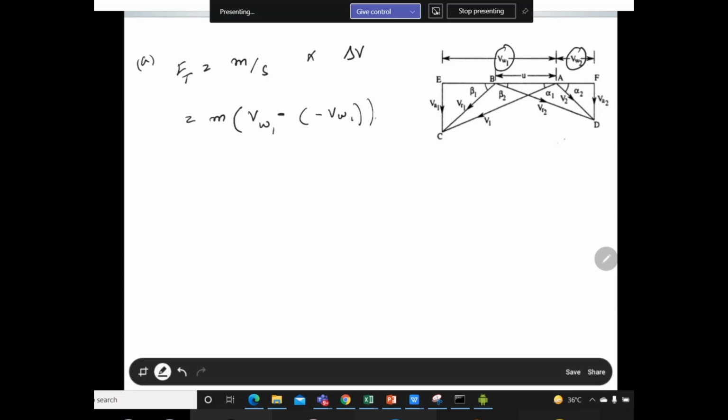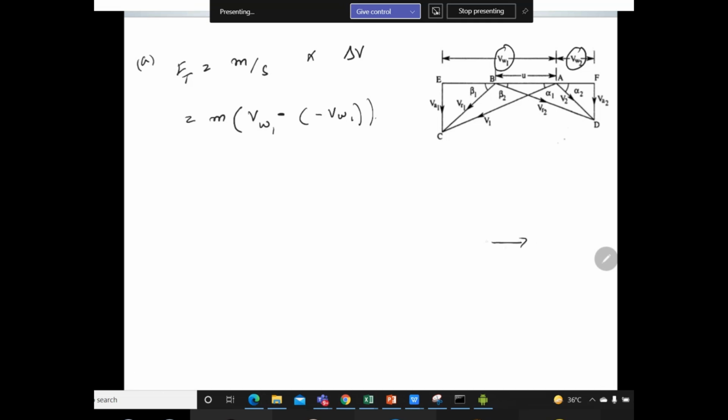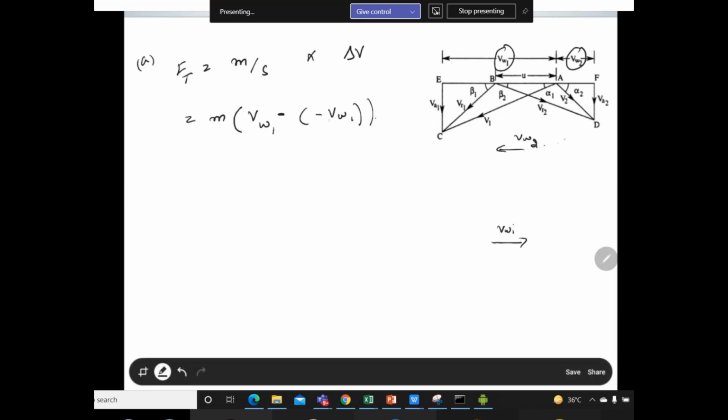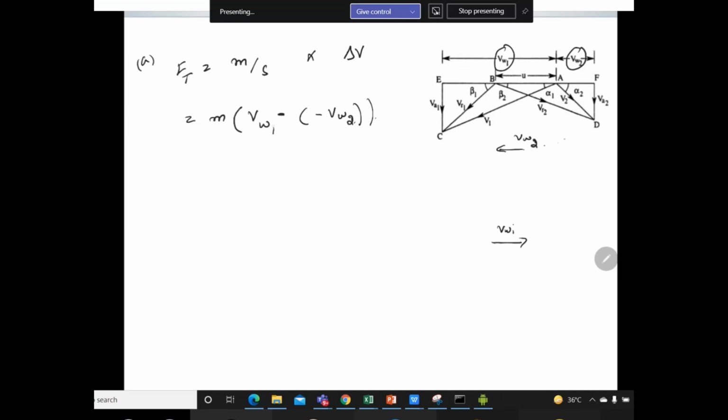Because if you notice from the figure which I drew in the last slide, VW1 at the inlet is in this direction, and at the outlet VW2 is in this direction. From that figure, we can easily figure out that this sign will be minus. So our tangential force becomes mass into VW1 plus VW2.